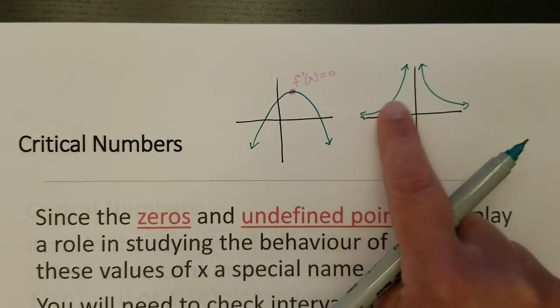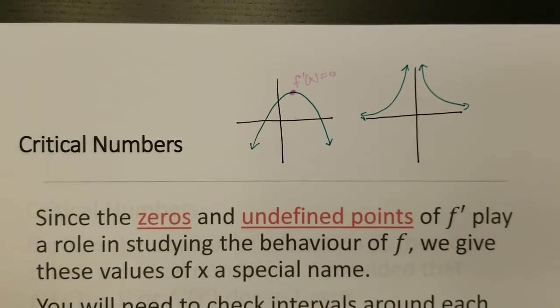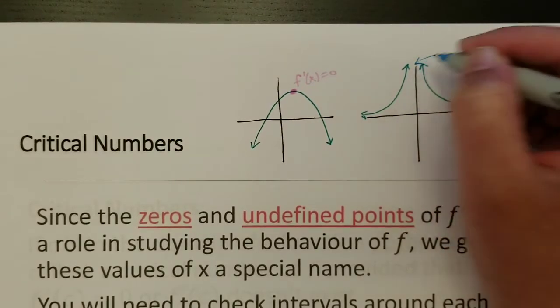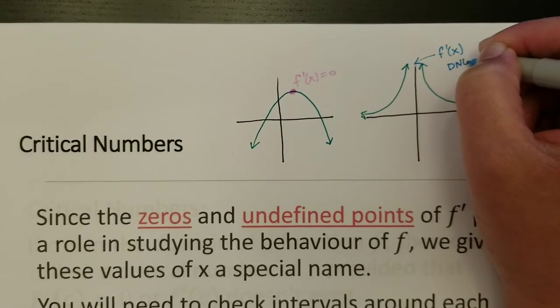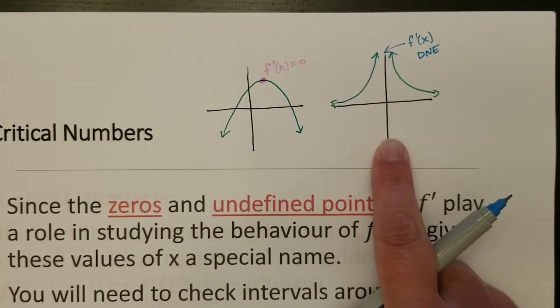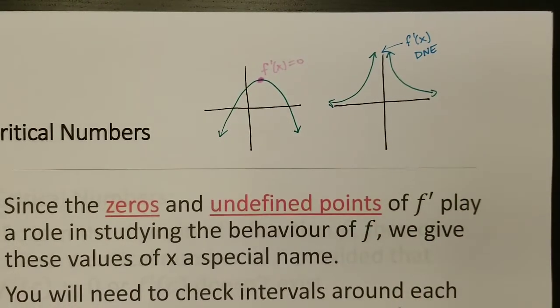So here, again, we're going from increasing to decreasing, but this is a different kind of situation. Somewhere in the middle here at this asymptote, f prime at x does not exist. So it can change from increasing to decreasing where the derivative doesn't exist or where the derivative equals 0.